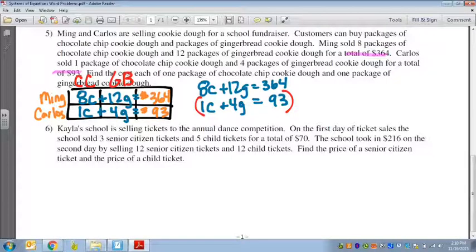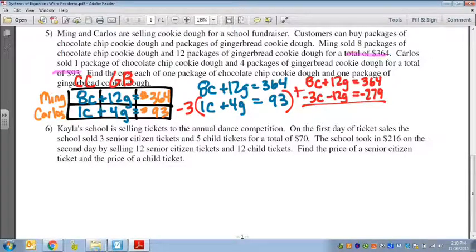So what I need to do is multiply the bottom equation by negative 3, because negative 3 times 4 will give me negative 12. So I'm going to still have 8C plus 12G equals 364 on top. On the bottom, I'm going to have negative 3C minus 12G equals negative 279.